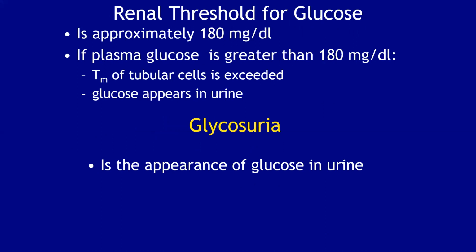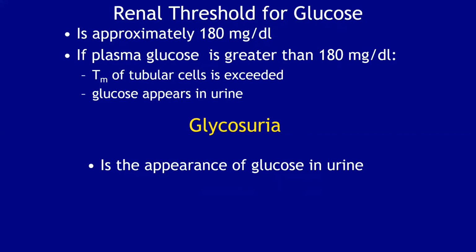Again, thinking about glucose, there is a threshold level. So for glucose, it's approximately 180 milligrams per deciliter. That's the renal threshold. So a person who is in homeostasis for glucose will be somewhere between 90 and 150 milligrams per deciliter. However, if you just ate 3 cupcakes, you're going to be way above that. If you don't have diabetes, your body will be able to manage this over time and you'll get down to your 90 to 150 milligrams per deciliter.